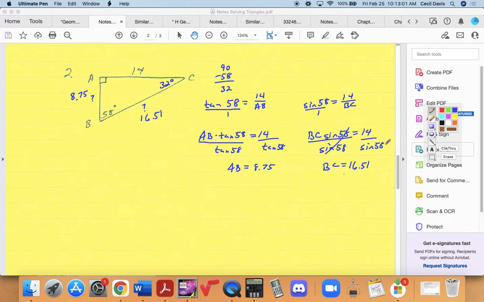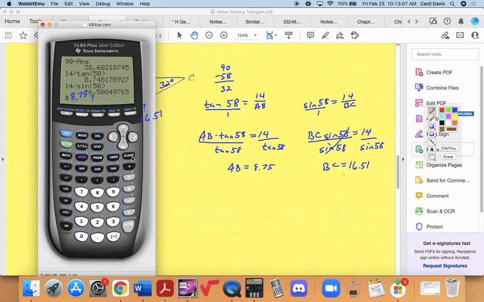Okay? One other thing on your calculator real quick. Let me just show you a neat little trick that you may never have learned. You know how here we had 14 divided by the tangent of 58? And we got an answer.